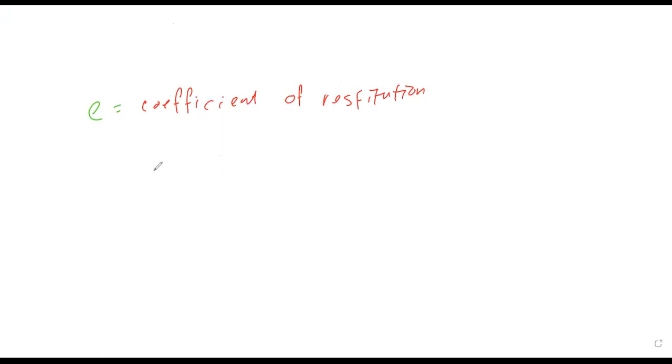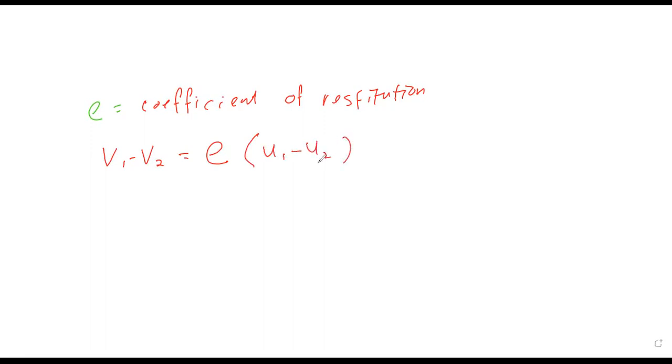The formula should be like this: v1 minus v2, because initial and final, equals the coefficient of restitution times u1 minus u2.